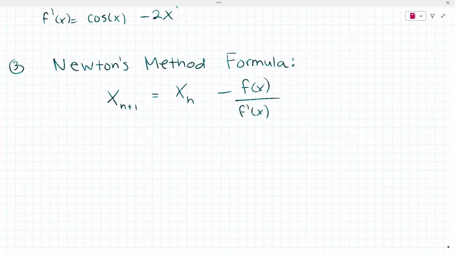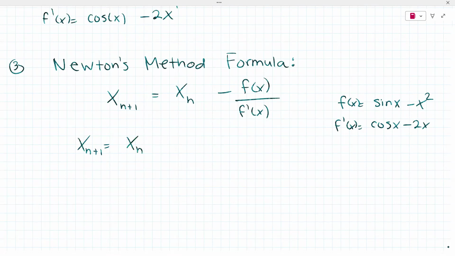Our f of x was sine x minus x squared, and my f prime of x is cosine of x minus 2x. So that's going to be x of n plus 1 equals xn minus parentheses f of x, which is sine of x minus x squared, over f prime of x.